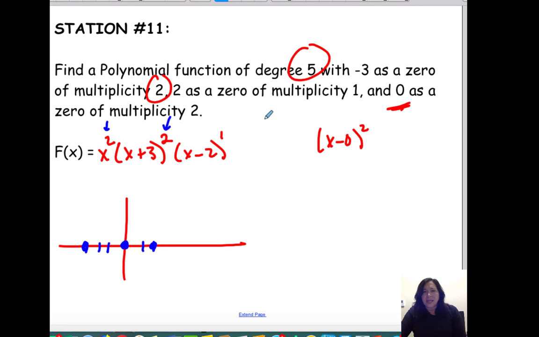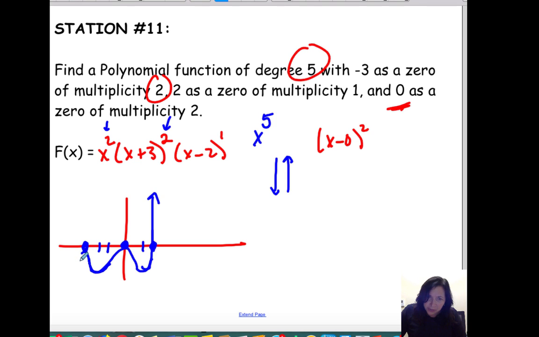Now remember, it's an x to the 5th power, which means it is positive, so it is going to be up that way and down that way. So we're going to go up this way. 2 is a multiplicity of 1, so that's going to go through here. Remember at 0, it's tangent, so it's going to flip off of that, go back down, ricochet, back up. Again, it's got a multiplicity of 2, so it's going to look something like that.